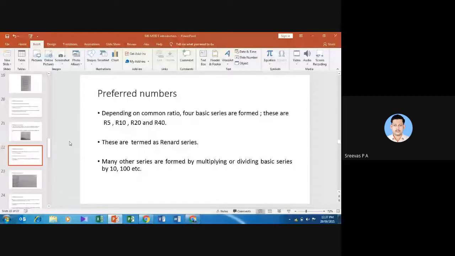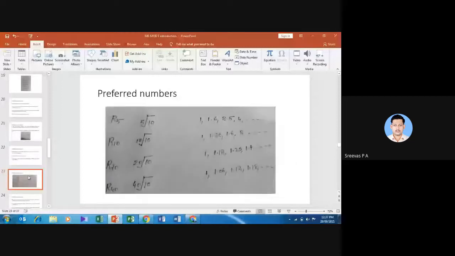These are termed as Renard series. Okay, from the name Renard, the term R comes. So many other series are formed by multiplying or dividing basic series by 10, 100. Okay, this is the R5 series of preferred numbers.